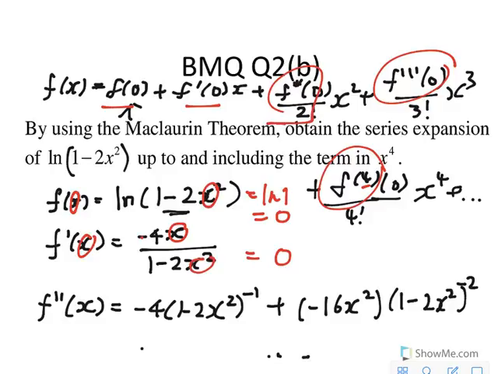Okay, f double prime 0 is going to be a bit nicer. The first part is 0 again, and the rest is negative 4 times 1 to the power of negative 1, so f double prime 0 will just be negative 4.